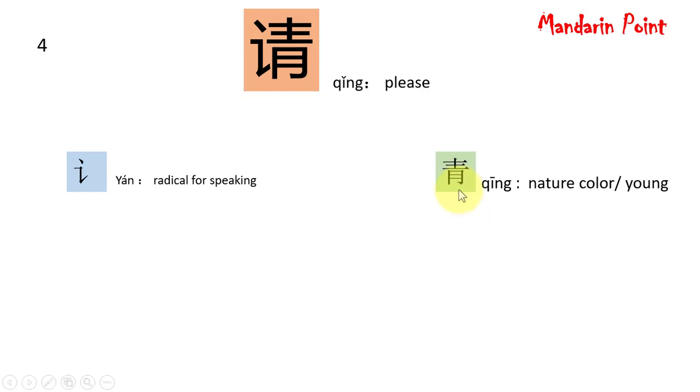This one can further be decomposed. At the top of it we have a component which doesn't have a specific meaning, while the bottom one is yue, which means month or moon. So this qing is composed of this qing and this yan, going to give us please, qing zuo, please sit down.